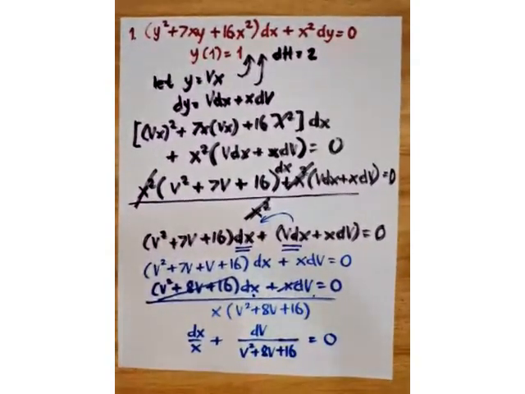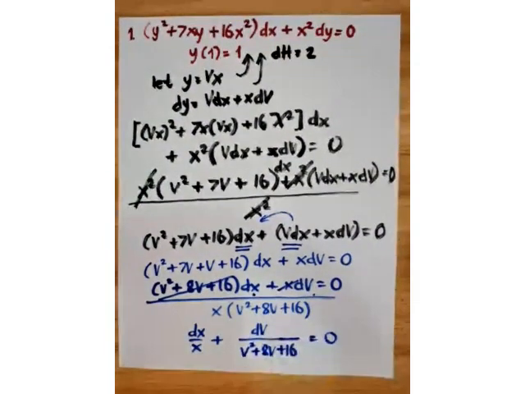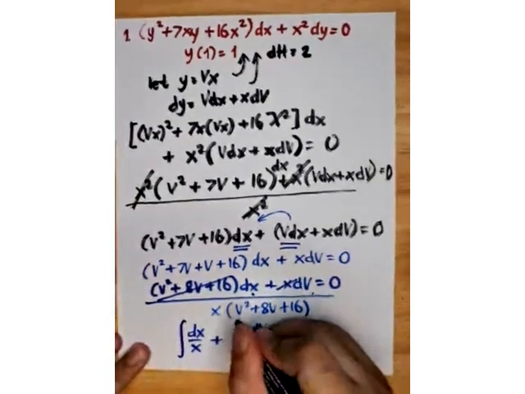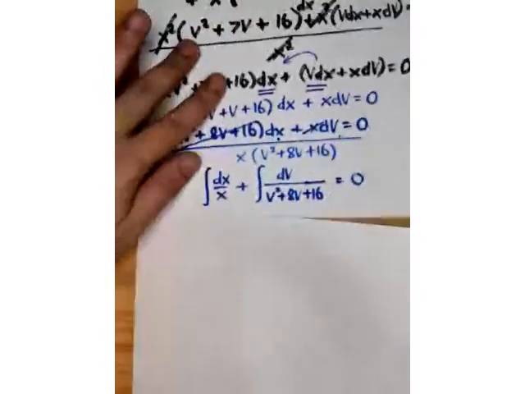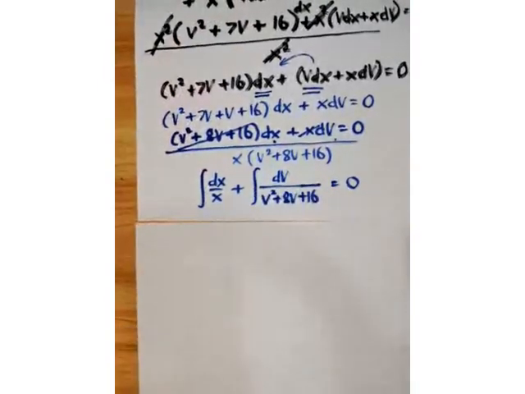Since we have separated it, next we integrate each term. We don't have any problem with dx over x; that's just ln. How about the second term, the one with dv?